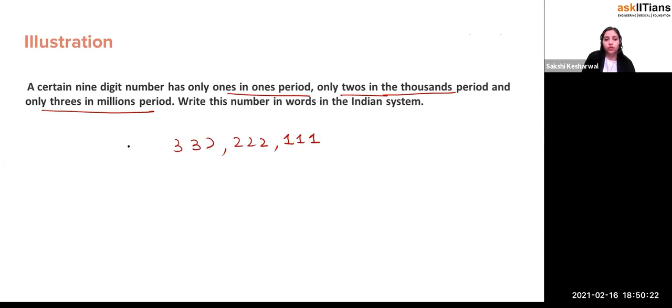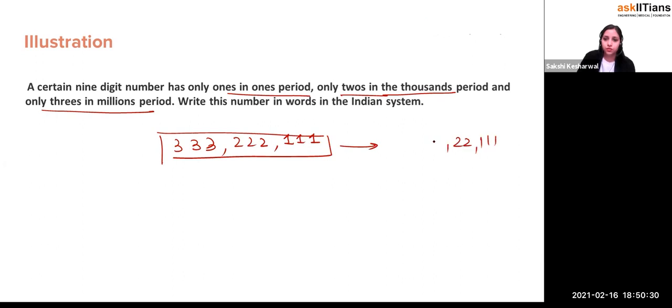So this is the actual number. So write this in the Indian system. So if you're going to write this in the Indian system, this will be what? 1, 1. This is 2, 2. And this is what, beta? 2, 3. And this is equals to what? 3, 3, right?